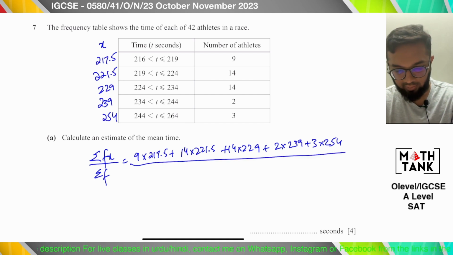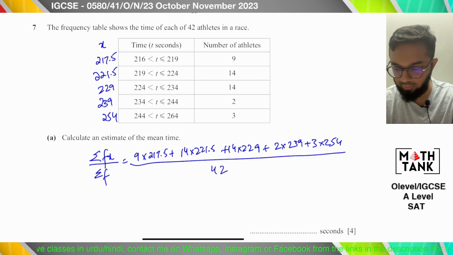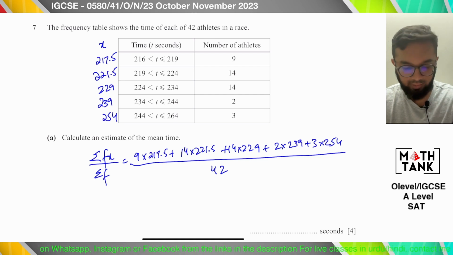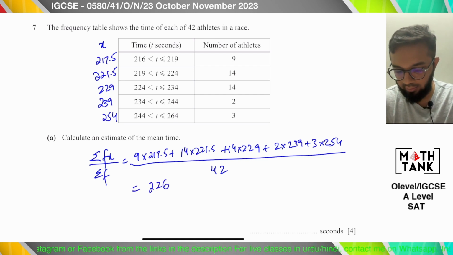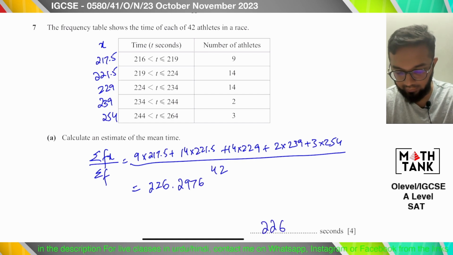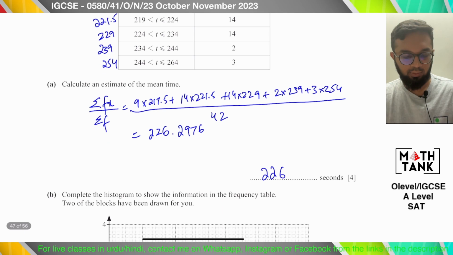And the entire thing is divided by 42. So I'm getting 226.2976. So that rounds off to 226 to three significant figures.